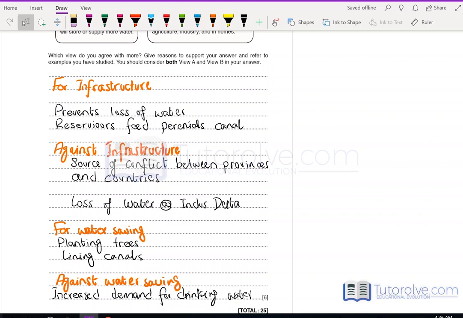And secondly, there is a lot of loss of water at the Indus Delta. So that is one of the arguments against infrastructure.